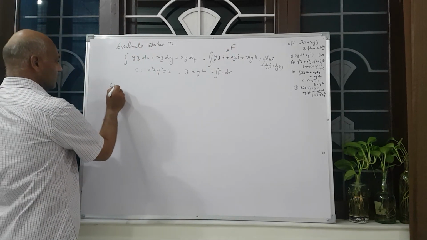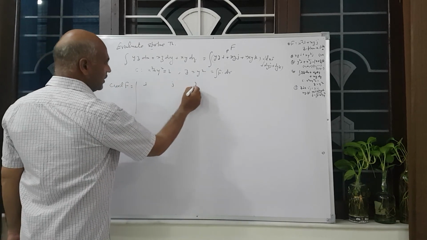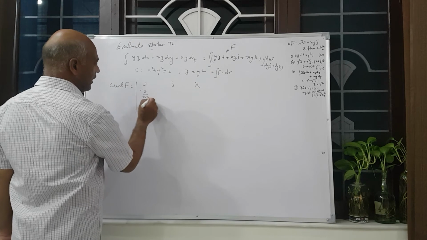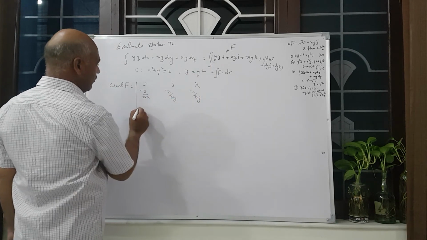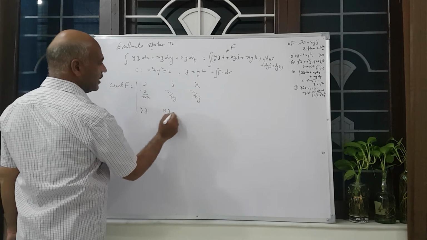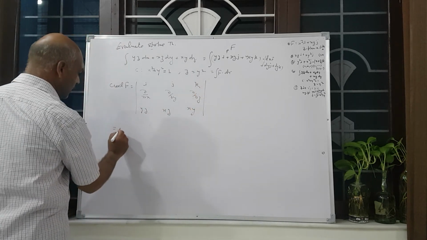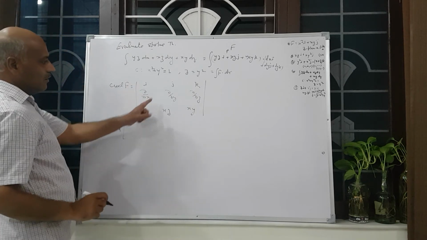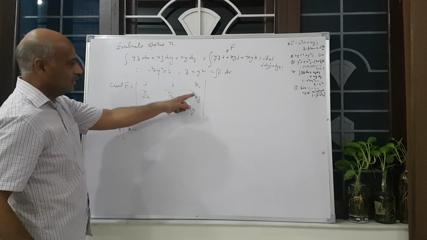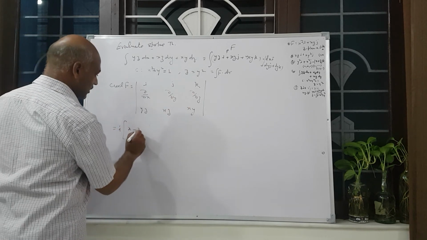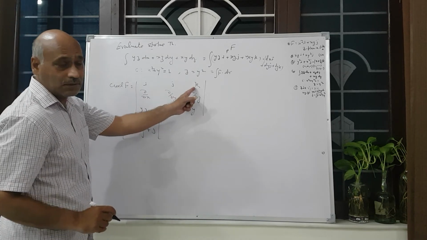So curl f, we have to find curl f: i j k, del by del x, del by del y, del by del z, y z, x z, x y. So i, del by del y of x y minus del by del z of x z, so this is x, plus j, these two lines.